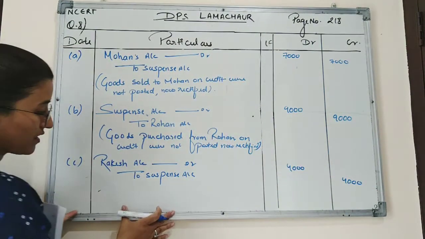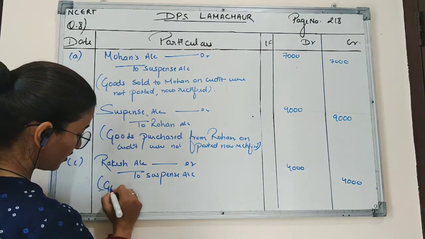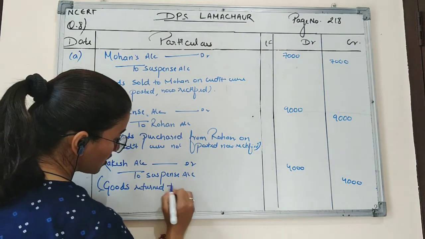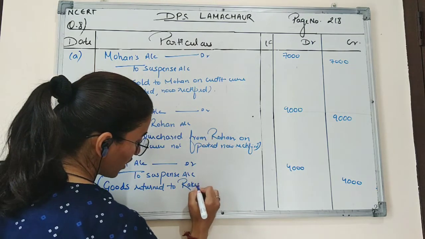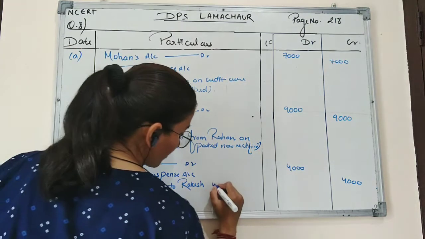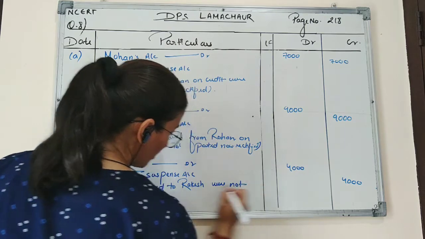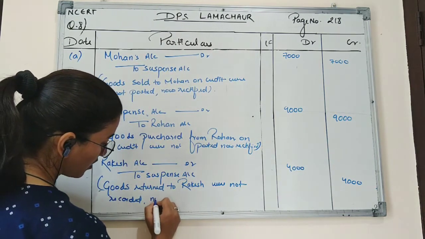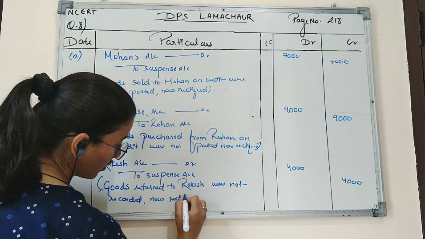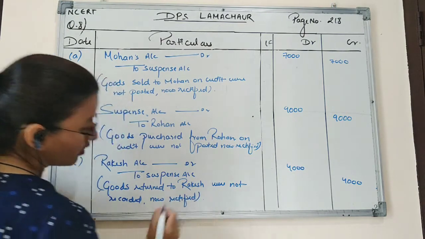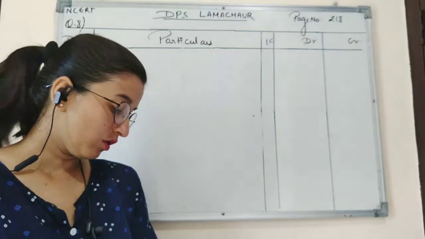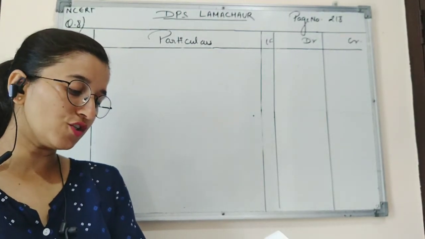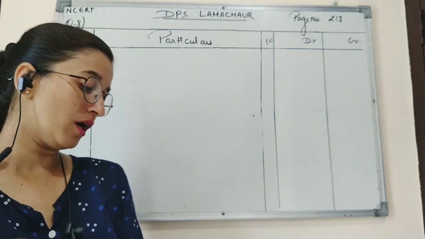So narration for this entry will be goods returned to Rakesh were not recorded. Now rectified.